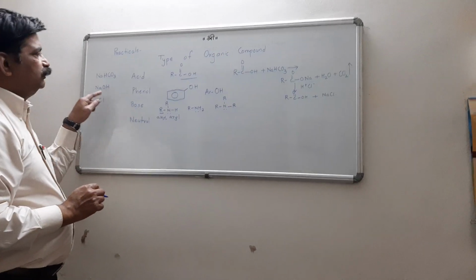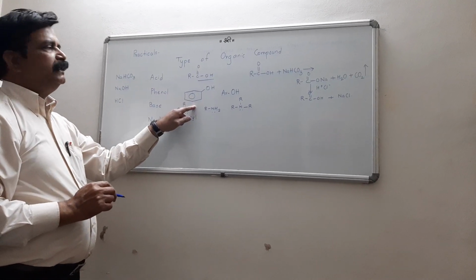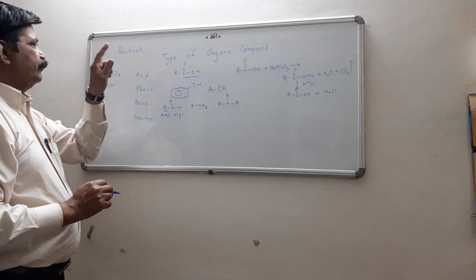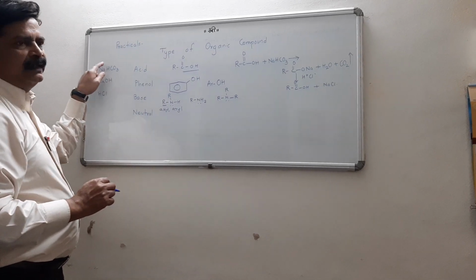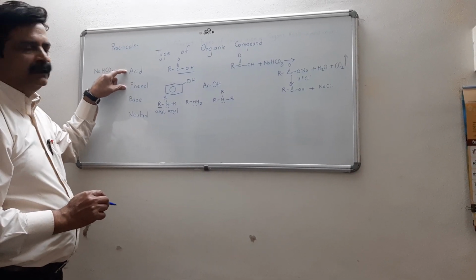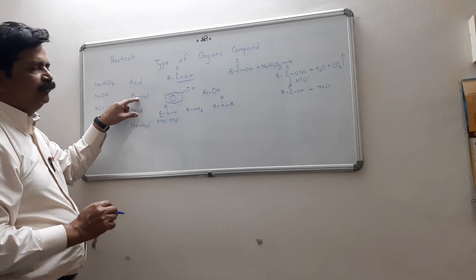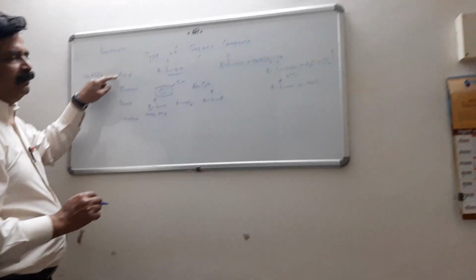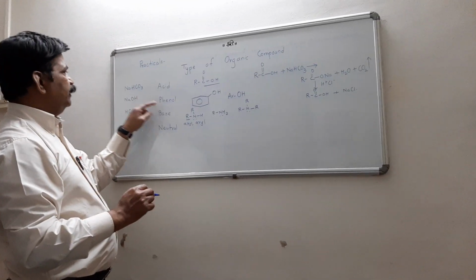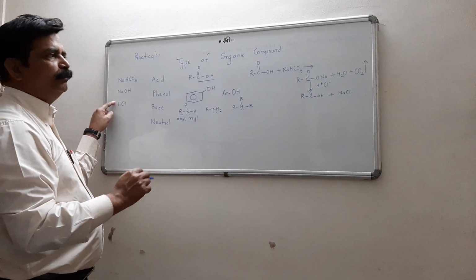It is because phenol is a weaker acid than carboxylic acid. So phenol does not react with sodium bicarbonate, and the advantage is taken to separate acid and phenol by their reactivities. Phenol is also acidic, but it requires a stronger base.